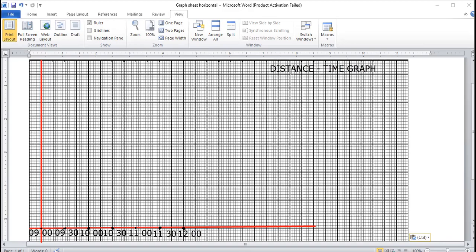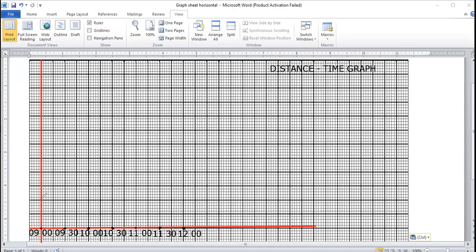Now they have said that the cyclist has set out for a town 40 kilometers away. So what I'm going to do over here is use a 1 centimeter graph, 1, 2, 3, 4. Okay, I'm going to use a 1 centimeter graph over here.